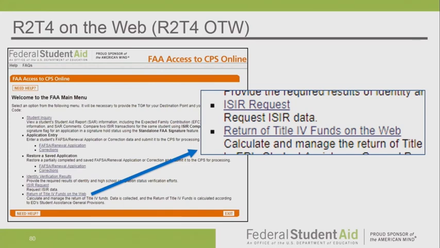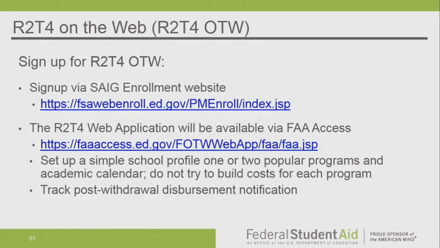One of the nice things about R2T4 on the web is that it will save your calculations, and you can come back and print them later if you need them for audit purposes or review purposes. So if you don't have your own software, I would encourage you to go there and use R2T4 on the web. It's a very nice product. Here's the URL for it.